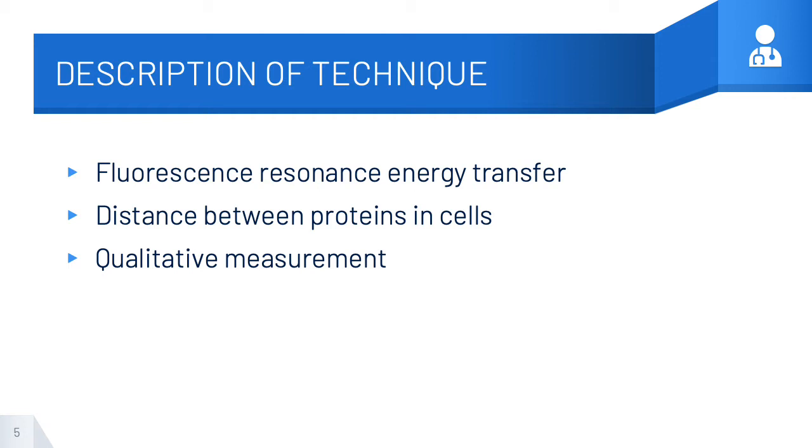During FRET, the energy from an excited molecule, or donor molecule, passes directly to another molecule that is nearby, which excites the nearby molecule, also called the acceptor molecule. This is done by attaching fluorophores to the donor and acceptor molecules.